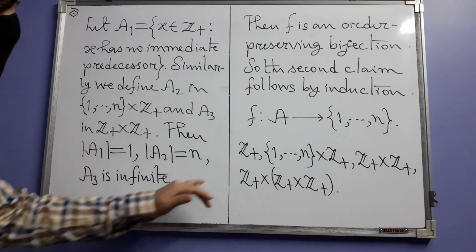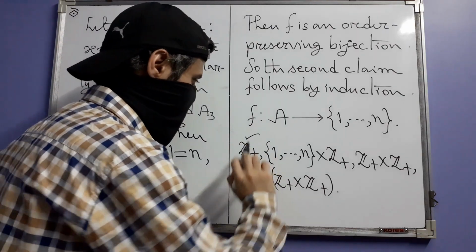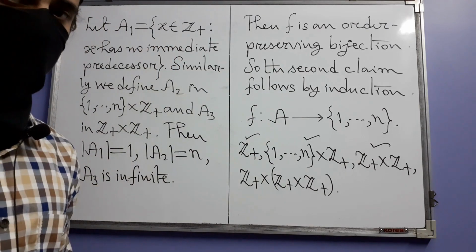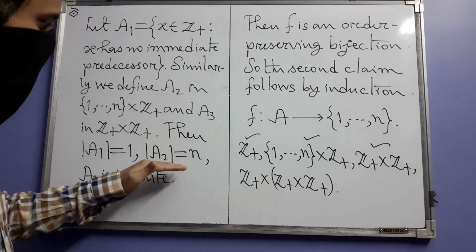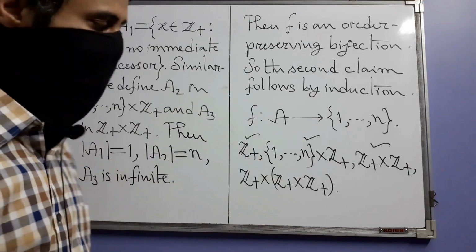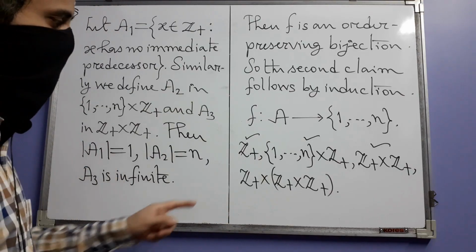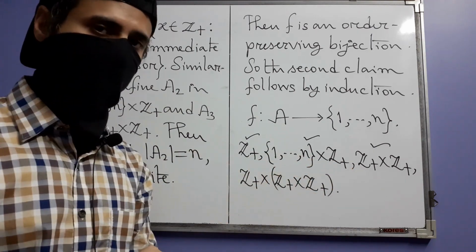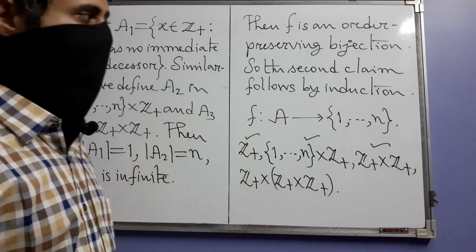So obviously, these first three sets have different order types, because the A's have different numbers of elements. To see how these sets are still different from the fourth one, we can next consider this.